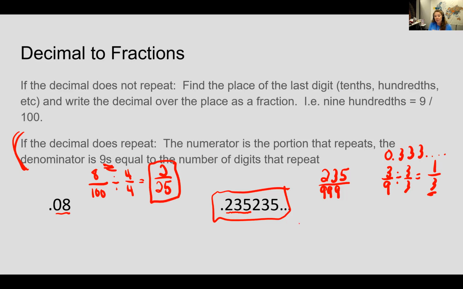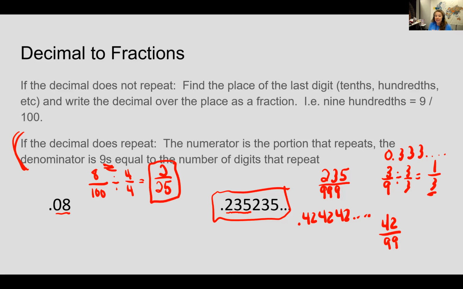All right, what if I have 0.4242424242? How many numbers are repeating? Two, 42. So I'm going to take those two numbers that repeat and put them over the same amount of 9s. Since two numbers repeat, I'm going to put it over 99.